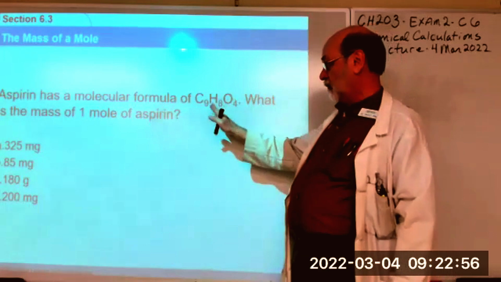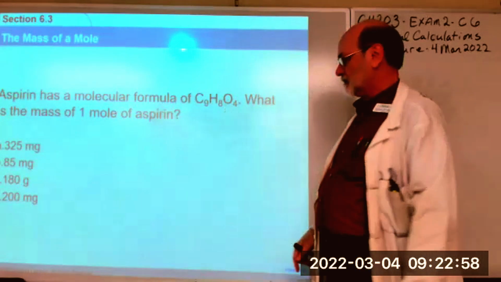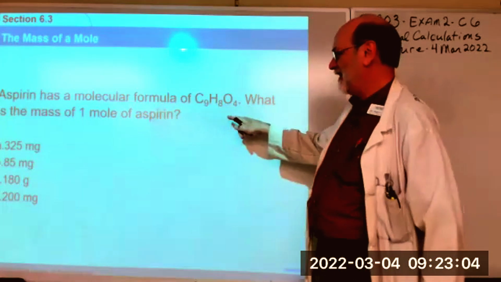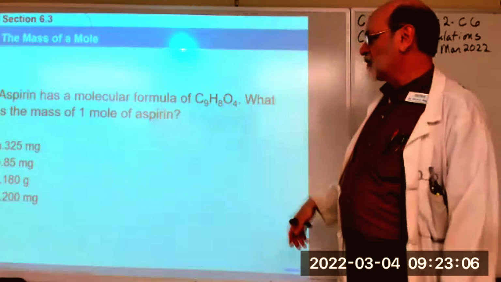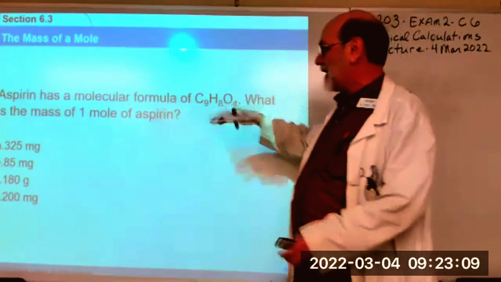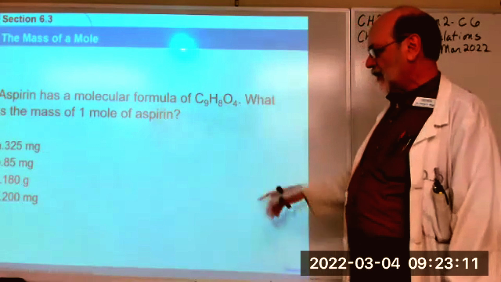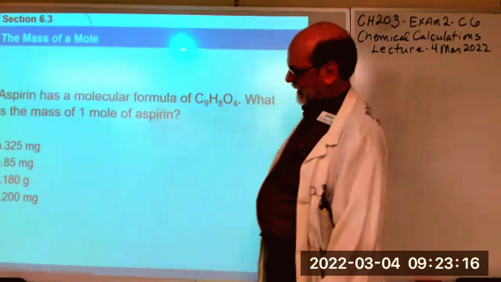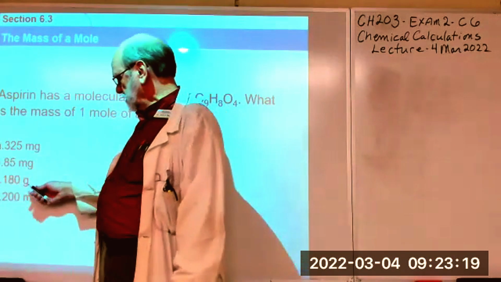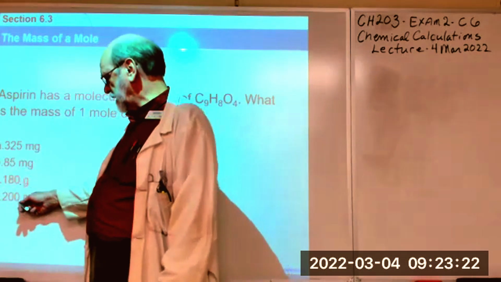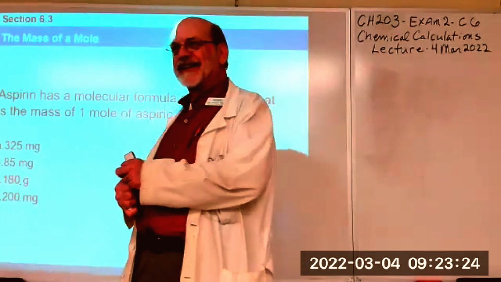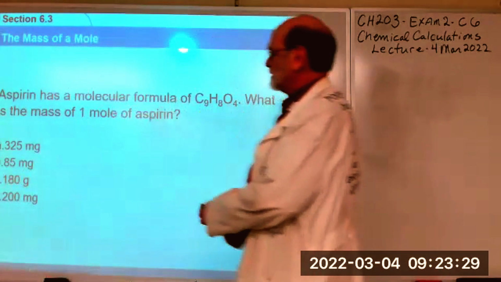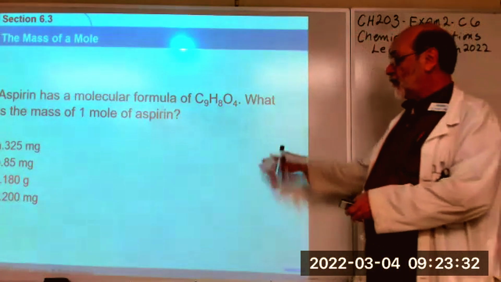And you get a molar mass for aspirin. Acetylsalicylic acid, if you're interested. So the question is, what's the mass of 1 mole? Well, we just added it up, and it turns out it's 180 grams. Now, strictly speaking, I wouldn't throw that 0 away. Right? I'd put a decimal there and preserve that value. But roughly 180 grams for 1 mole of aspirin.